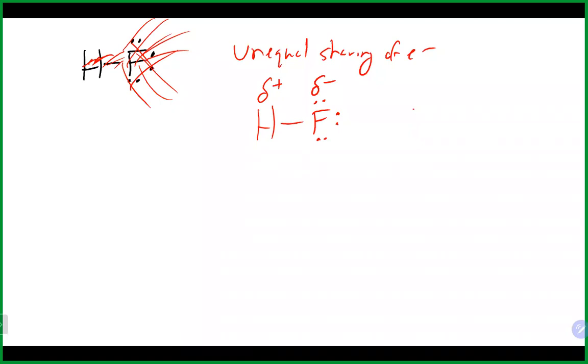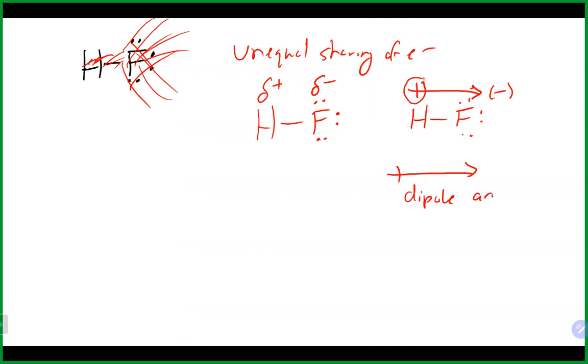We also sometimes will draw an arrow to represent this. And the arrow will look something like this, where it will always point to the more negative side of the bond. And the back side that makes a plus sign is to the more positive side of the bond. So that is what is sometimes referred to as a dipole arrow.